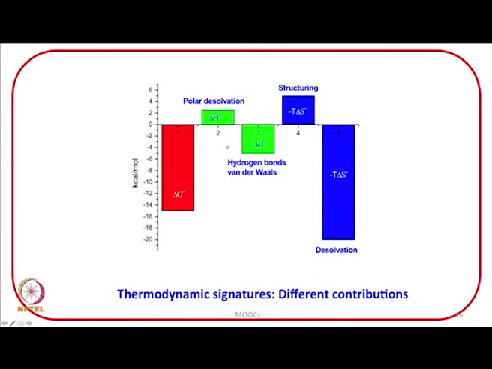We discussed how polar desolvation can be costly and how hydrogen bonds and van der Waals interactions can contribute to the negative value of delta G. We also talked about how desolvation can contribute to a negative value of delta G naught, and on the other hand structuring can also lead to some penalty.